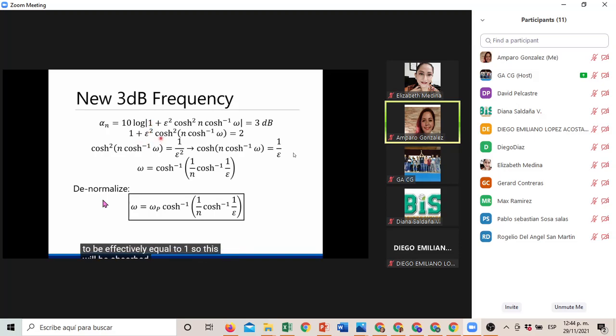So this will be absorbed again by a new cutoff frequency defined by this equation right here. So this value should cancel the epsilon, okay? And we find an omega that cancels this epsilon and make sure that will be the new cutoff frequency, okay?